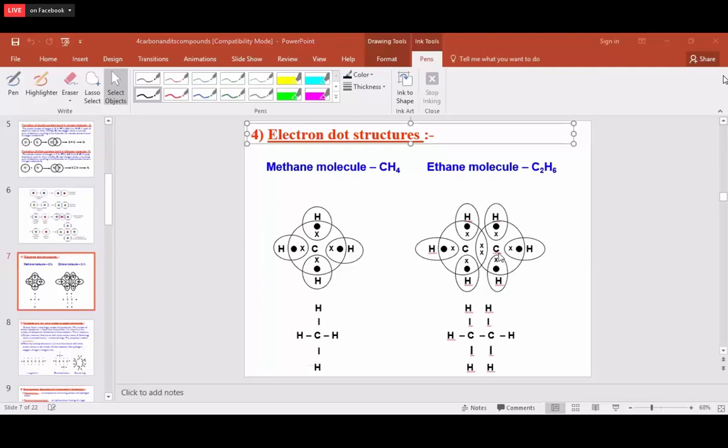So each carbon atom is making 4 bonds, one with the other carbon and 3 with 3 hydrogen atoms. Here also the same thing. This carbon atom shares 1 electron with one carbon and 3 electrons with 3 different hydrogen atoms. So all are making single bonds.